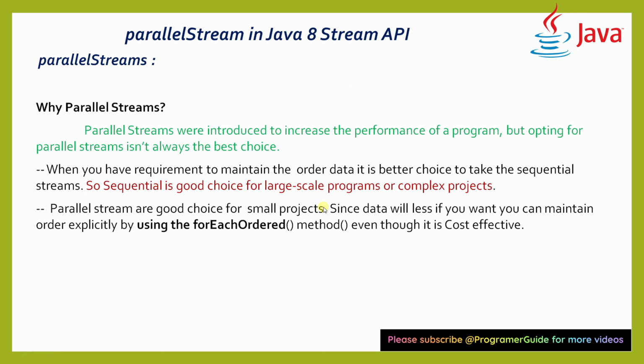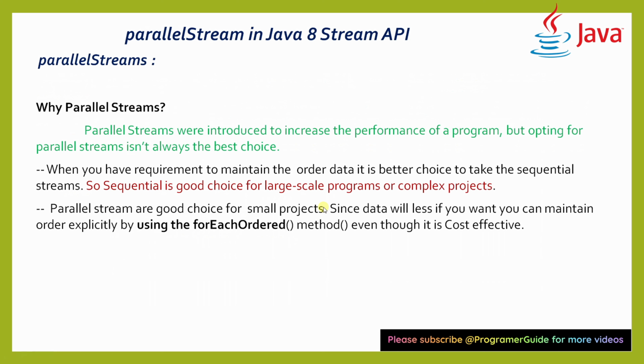Parallel streams are a good choice for small projects, since the data is less. If you want to maintain the order explicitly, you can do it by using the forEachOrdered method, but it is cost-effective because all our collection data structures and map data structures maintain this order.